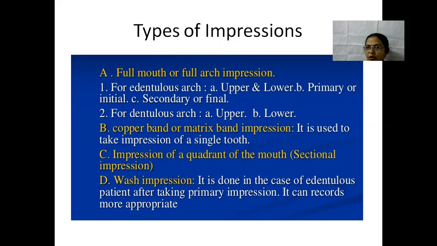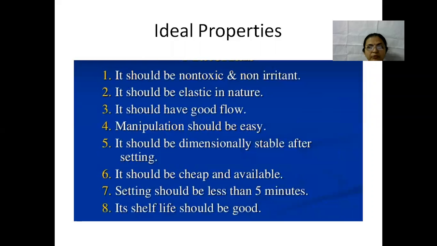Then an impression of a quadrant, one part of the mouth, is called a sectional impression procedure. There is another procedure called a wash impression, done in edentulous patients after taking the primary impression, which records more appropriate areas of the mouth.